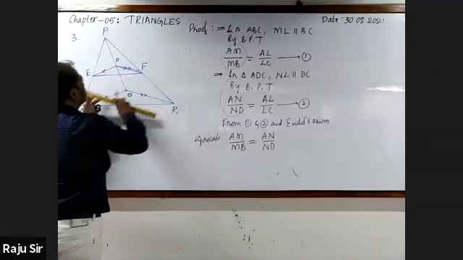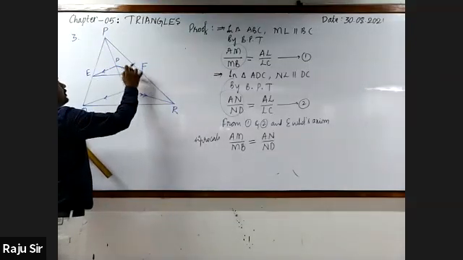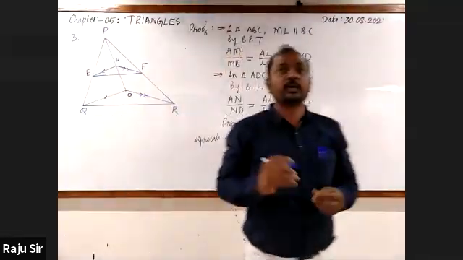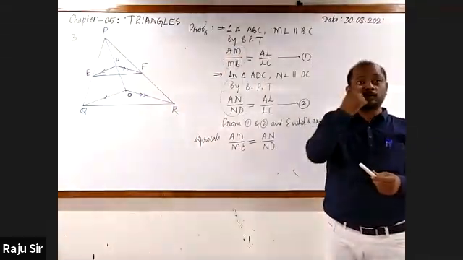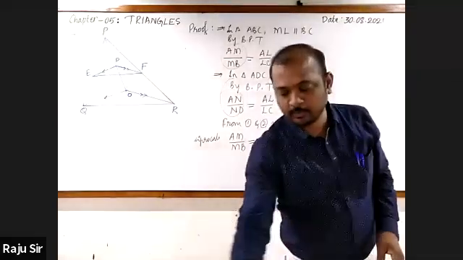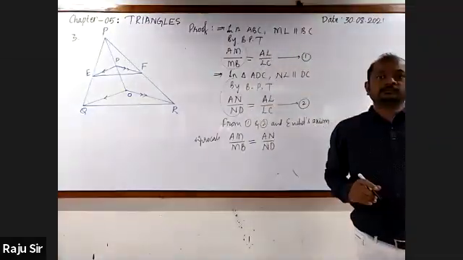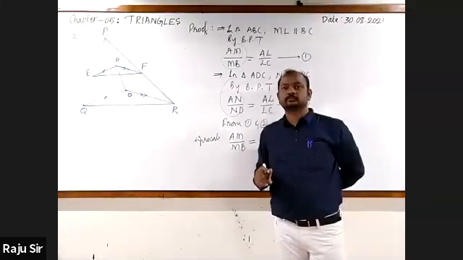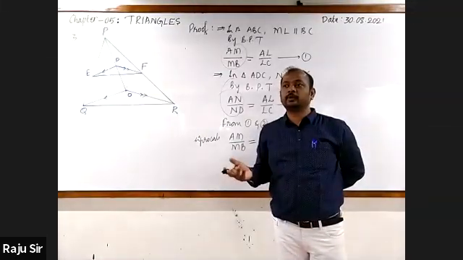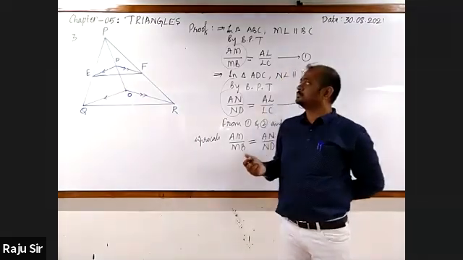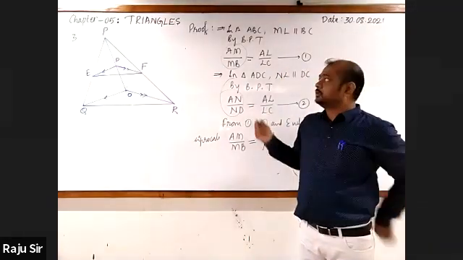Have you drawn? Now, could you guess the statement which is to be proved? What can be proved? ED by DF is equal to QO by OR, think.